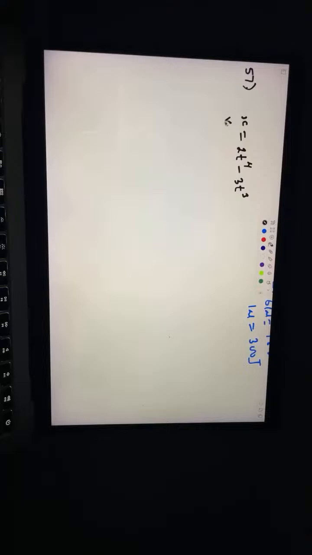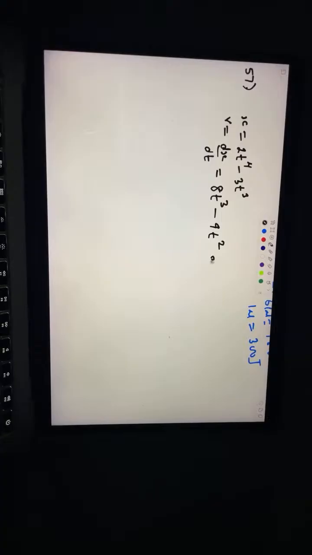Velocity will be the derivative of x with respect to t. To find the derivative, we multiply the power with what is behind, and we subtract 1 from the power. So 4 times 2 is 8, then subtract 1 from 4 to get 3. Minus, doing the same with this, 3 times 3 is 9, then subtract 1 from the power, giving t squared.